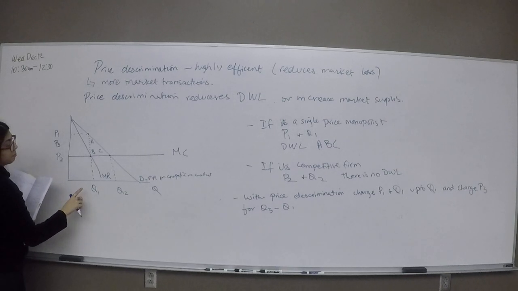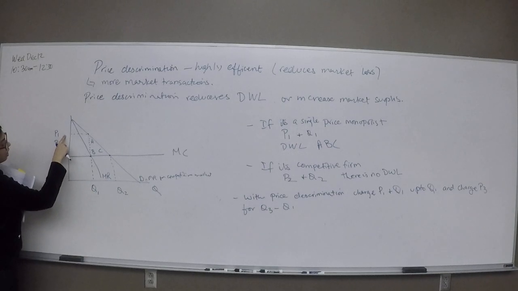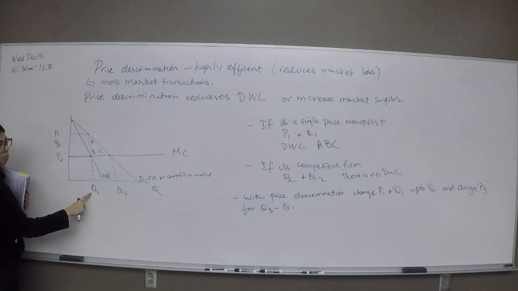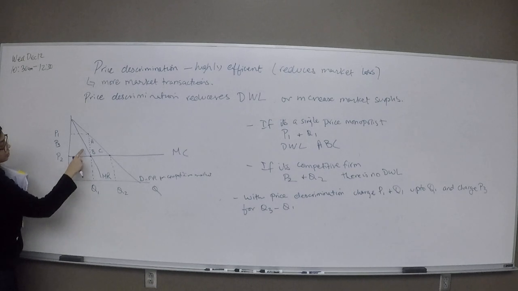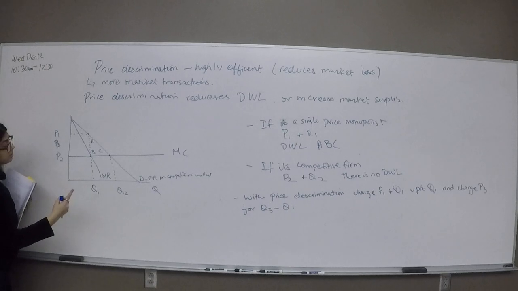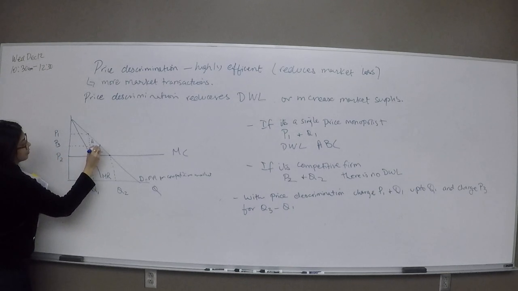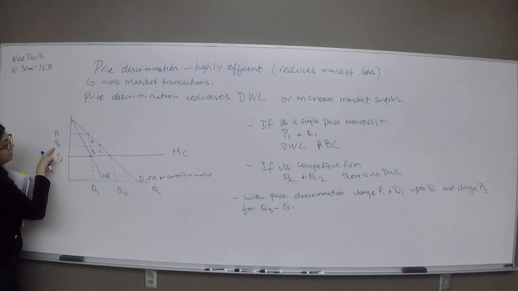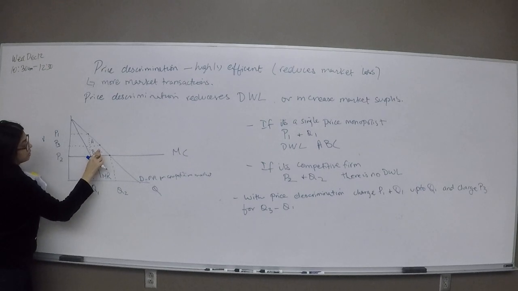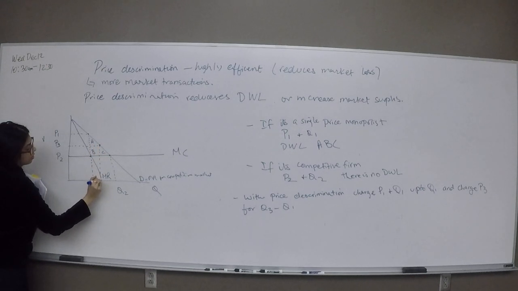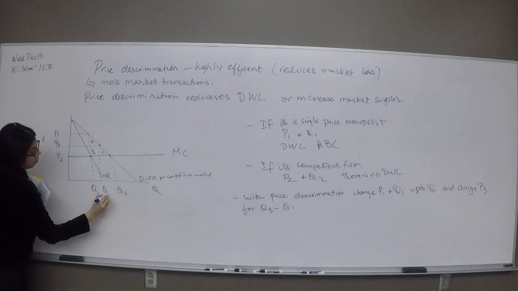So monopolists can charge P1 for quantity up to Q1. They can charge this higher price, and what else they can do is charge a slightly lower price for quantity 3.